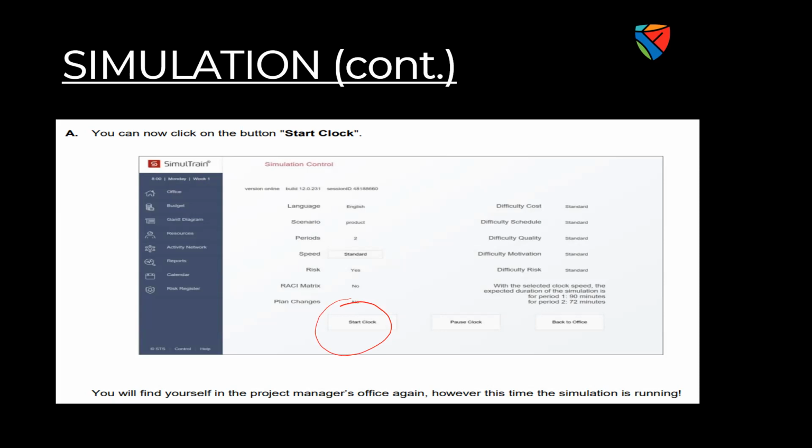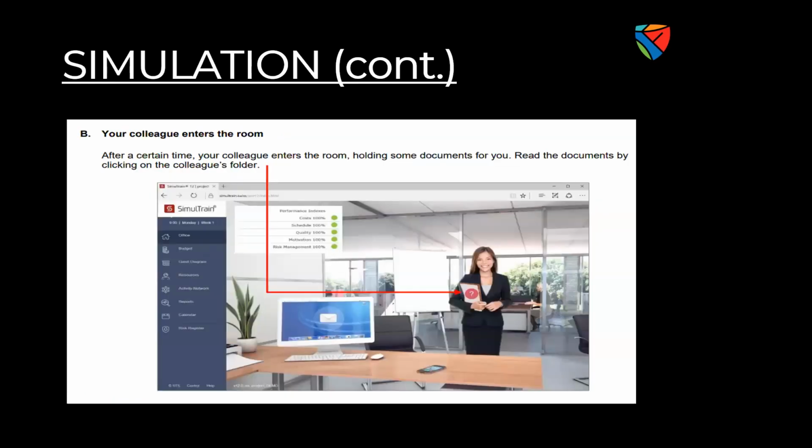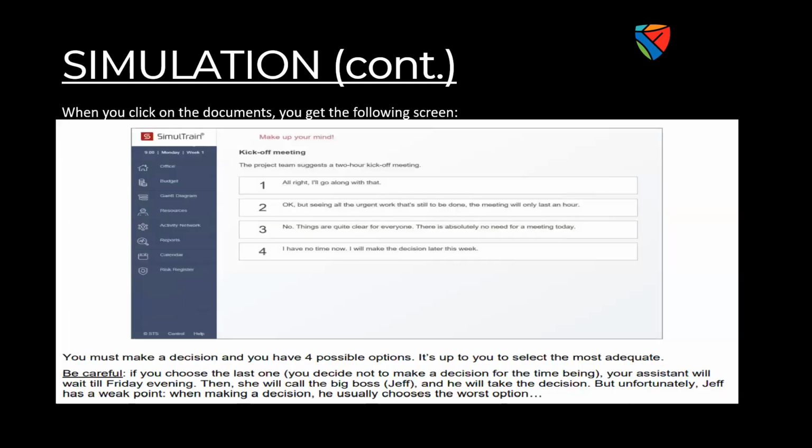After that, you will find yourself in the office again, like this. Okay. After a certain time, your colleague enters the room, holding some documents for you. Read the documents by clicking colleagues folder. You have to click on this question mark, right? And when you click on the documents, you will see the following screen. All right.